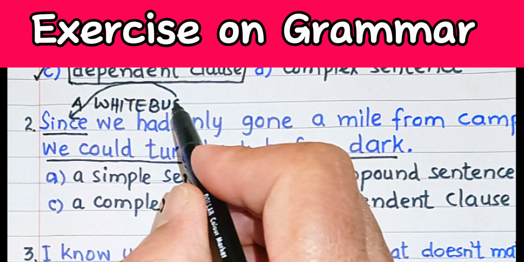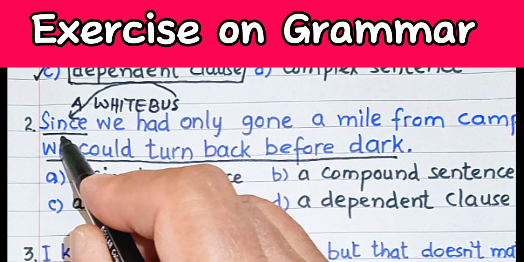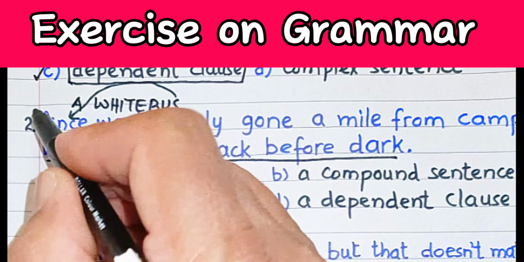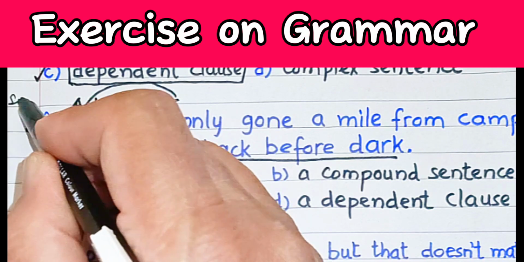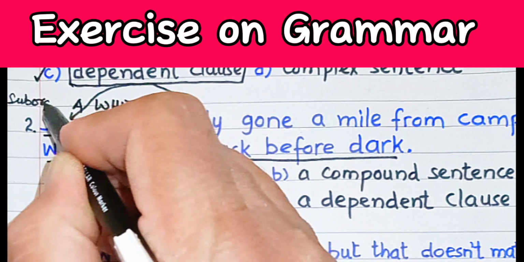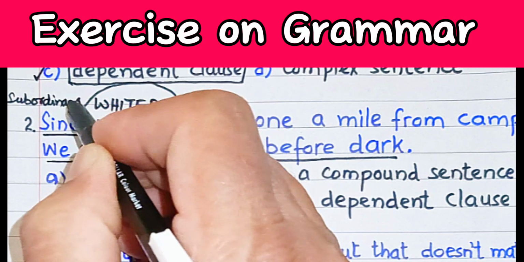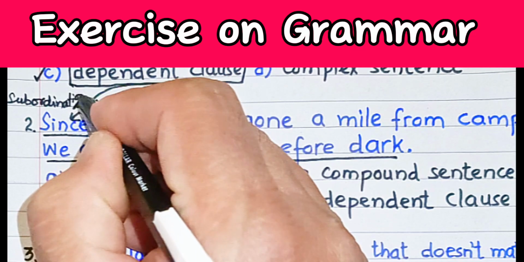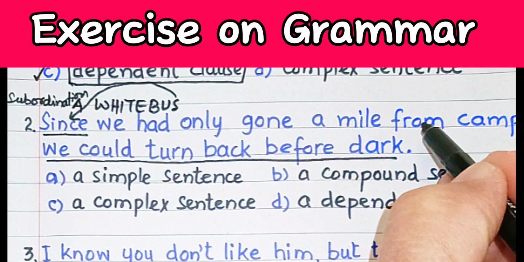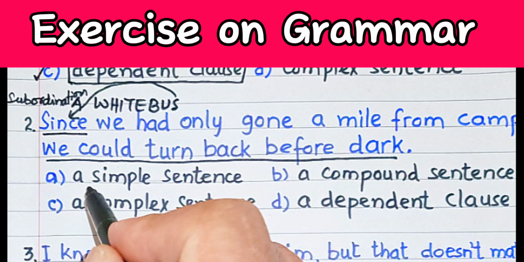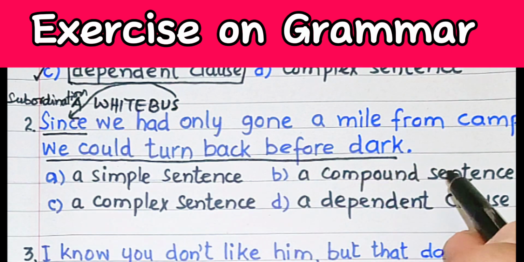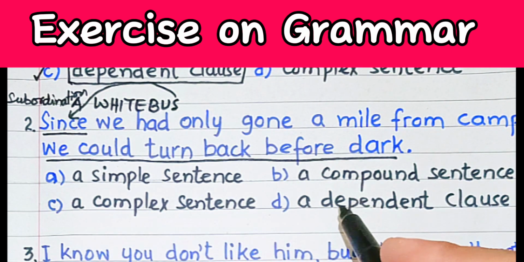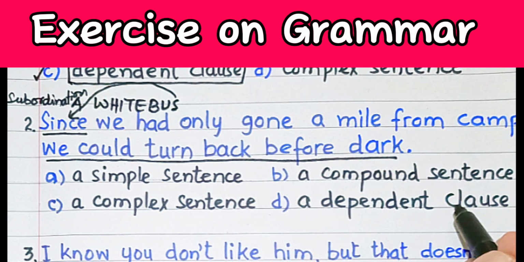So over here, since is a subordinating conjunction. So this subordination shows that this clause is the dependent one. So the options are a simple sentence, a compound sentence, a complex sentence, and a dependent clause.